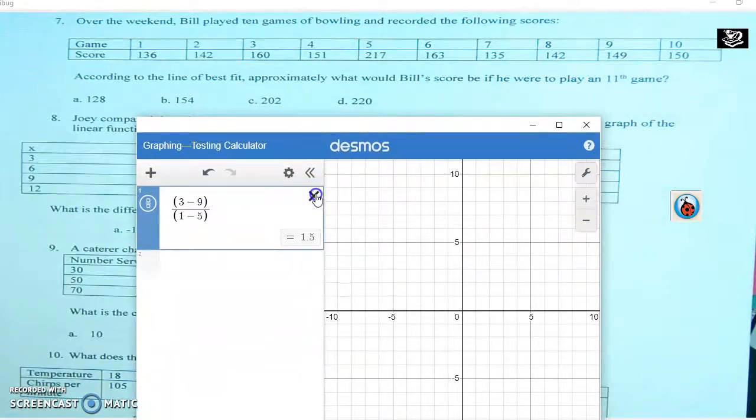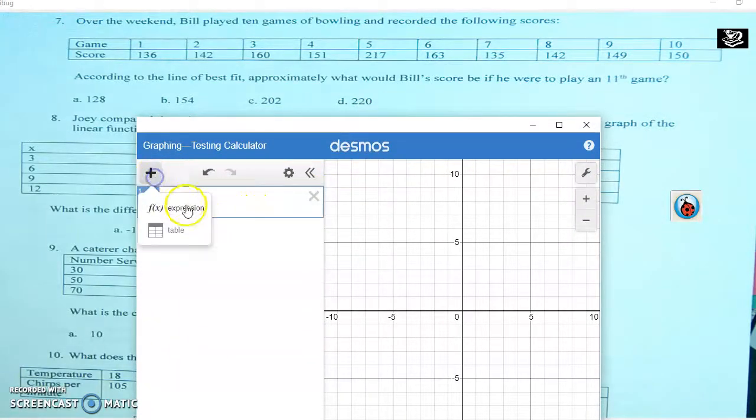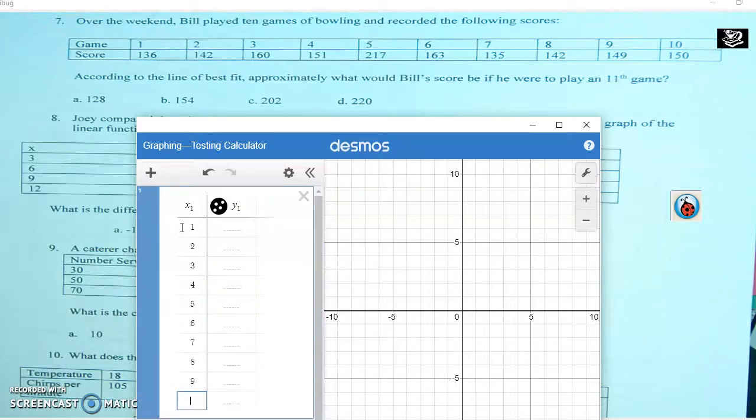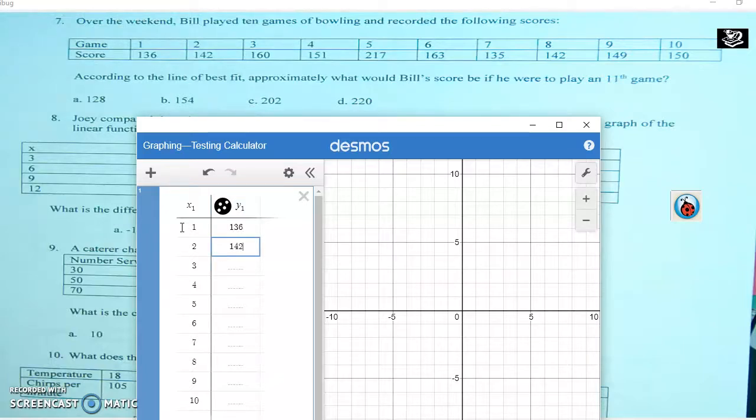Okay, so let's put our table in. 1, 2, 3, 4, 5, 6, 7, 8, 9, 10. 136, 142, 160, 151, 217, 163, 135, 142, 149, and 150.